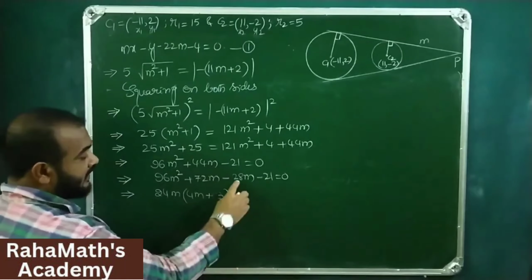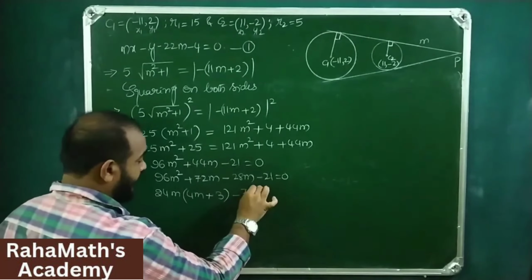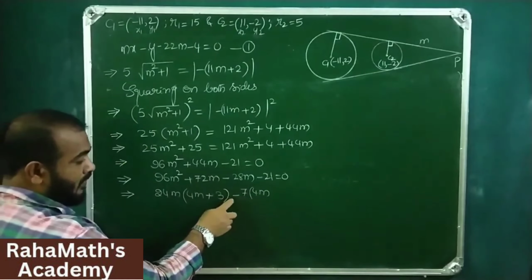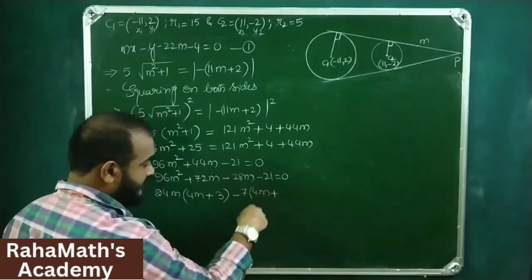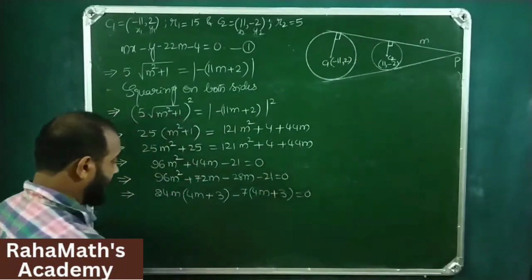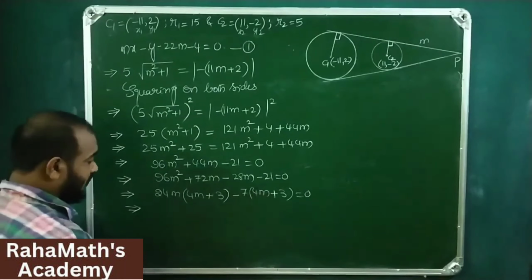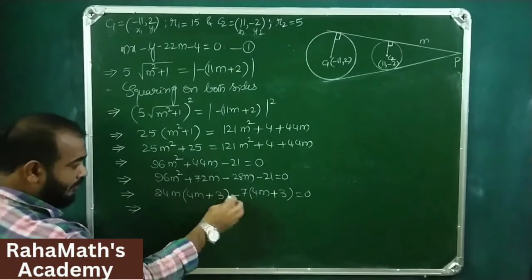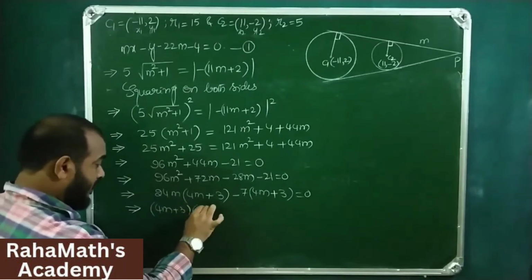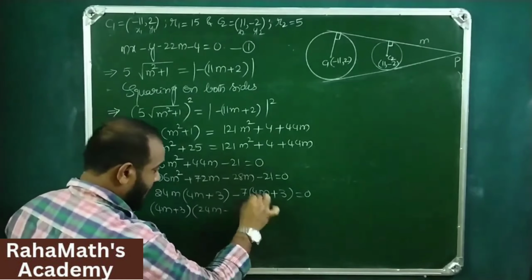Minus, take 7 in common in both of them: 7 fours are 28. So minus I have taken in common, therefore this minus will become plus. 7 threes are 21, equals 0. So take 4m plus 3 in common, then 24m minus 7 equals 0 is what we are getting.